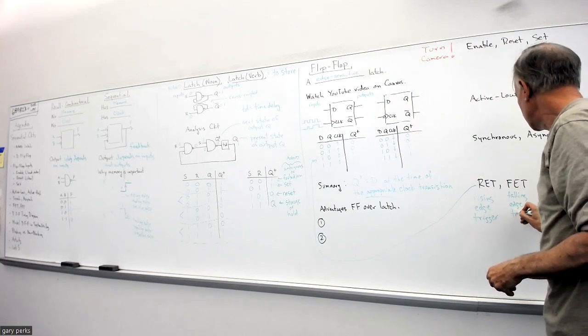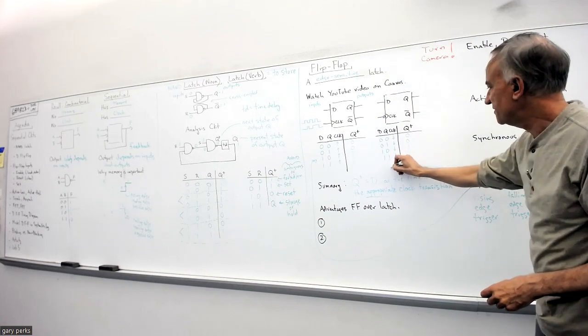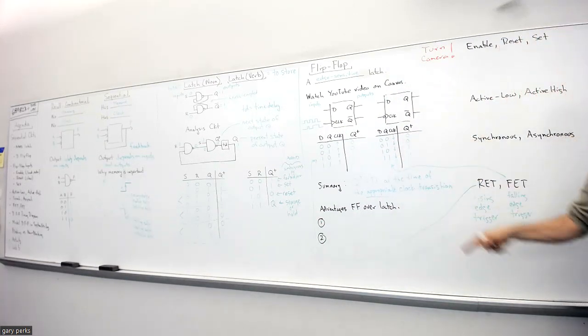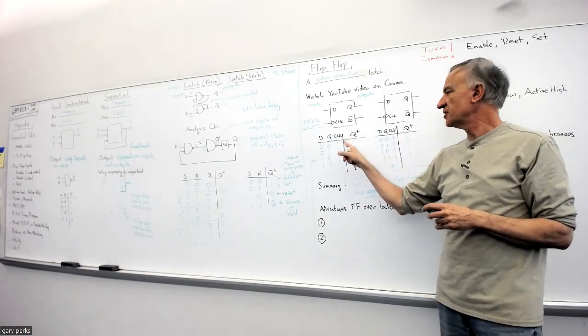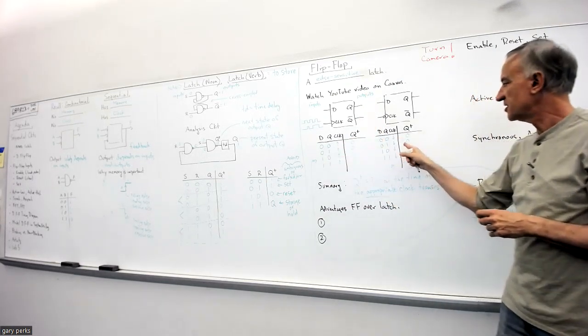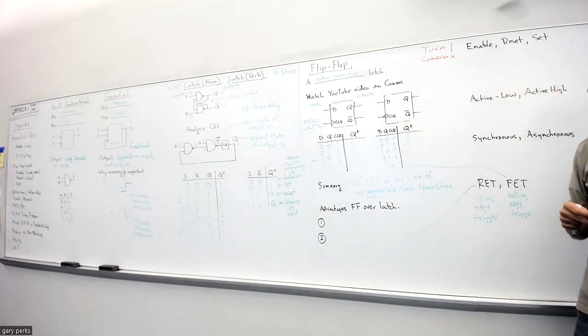That would be this flip-flop, because it depends on the 1 to 0 transition, which is the falling edge. So there are two types of flip-flops, but the only thing that's different is when they're triggered. One is on the rising edge, the 0 to 1 transition. The other one is on the falling edge, the 1 to 0 transition. Okay, so any questions up to this point?